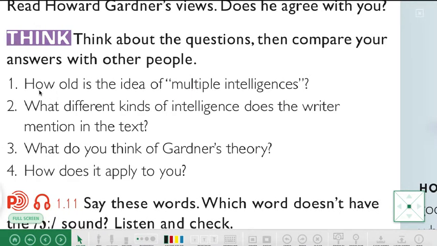For example, how old is the idea of multiple intelligence? You will record an audio where you are reading the question and answering the question at the same moment. If it is easier for you, you can write the answers before you speak. But the idea is to do the speaking practice.